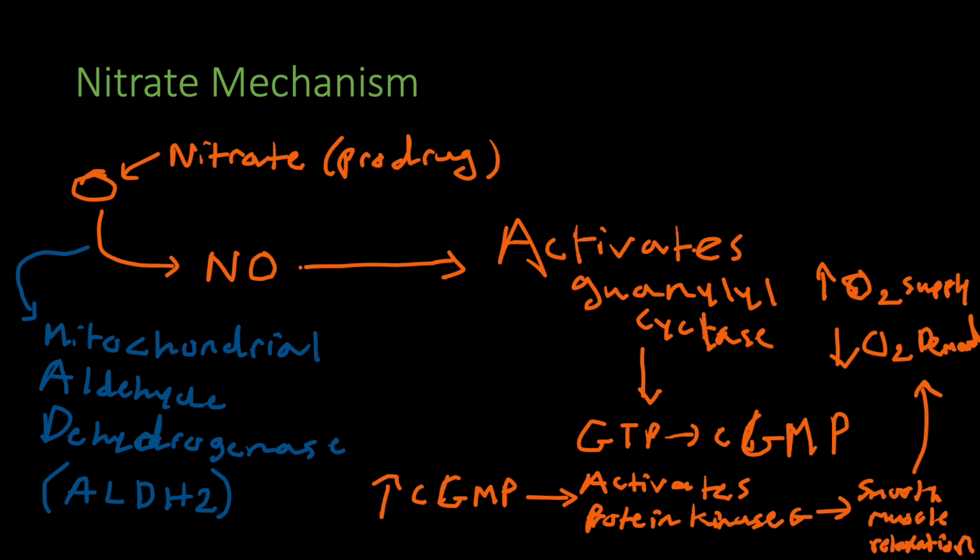Yeah, it activates the guanylyl cyclase enzyme, and then what happens here, GTP gets converted to cGMP. And when there's an increase in the cGMP, it activates protein kinase G and causes smooth muscle relaxation.